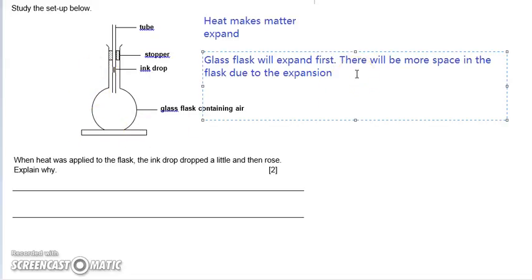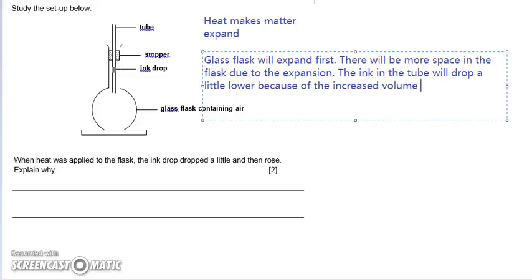And because it is bigger, the ink in the tube will drop a little lower because of the increased volume of the flask.